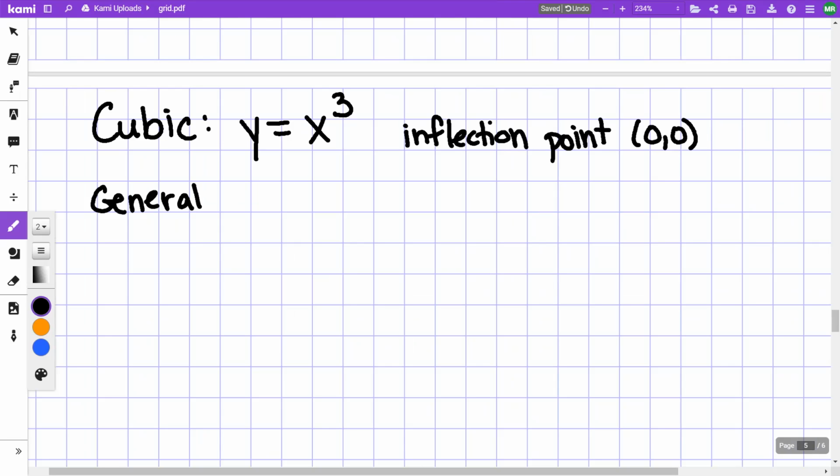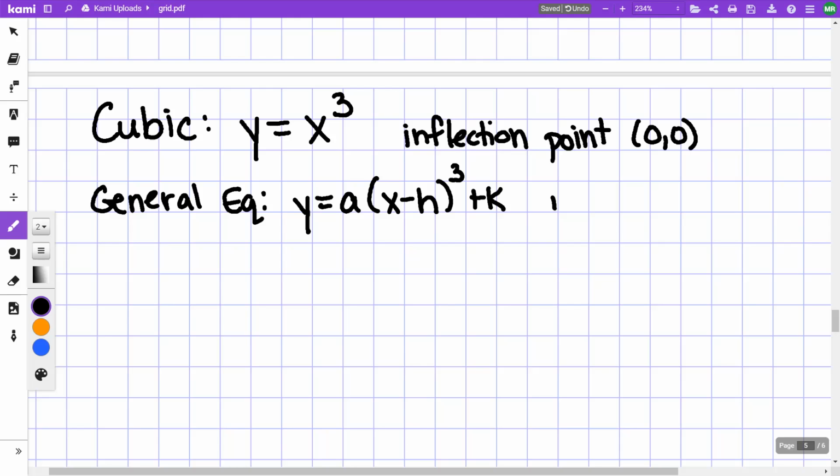My general equation is going to look like a parabola equation: y equals a times the quantity x minus h, instead of it being squared, it's cubed, plus k.